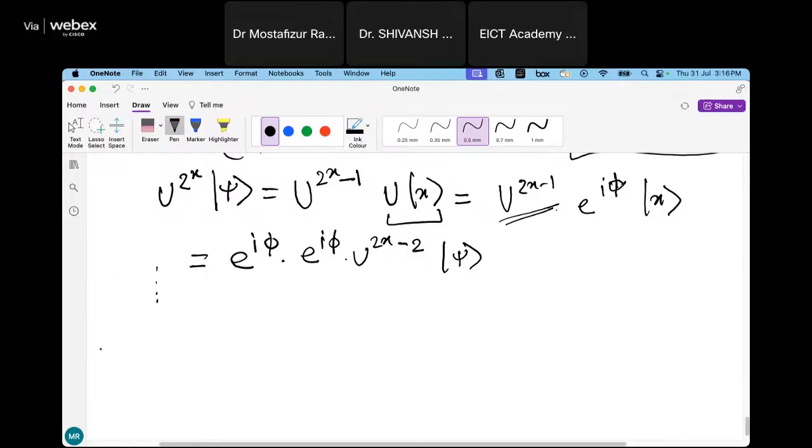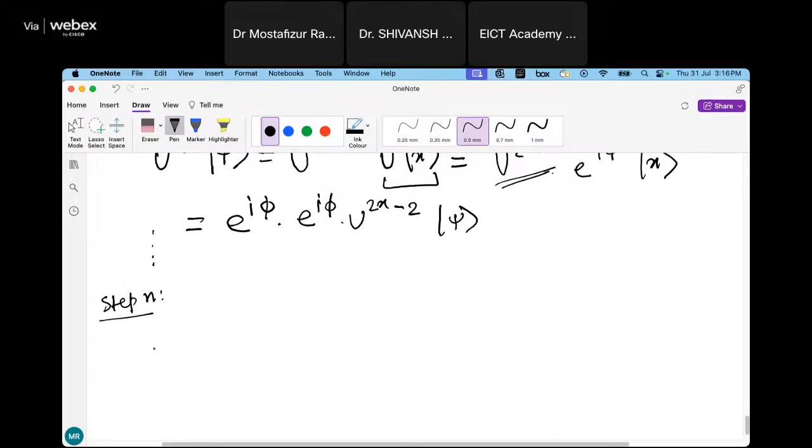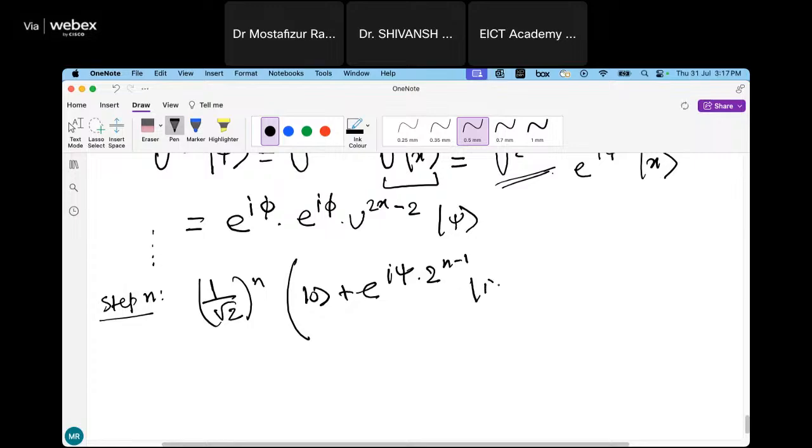So if I repeat this step up to step N, what will happen? It will create 1 upon square root 2 whole to the power N, of |0> plus e to the power i phi times 2 to the power n minus 1 |1>. Just remember how yesterday we broke the equation in a similar way.